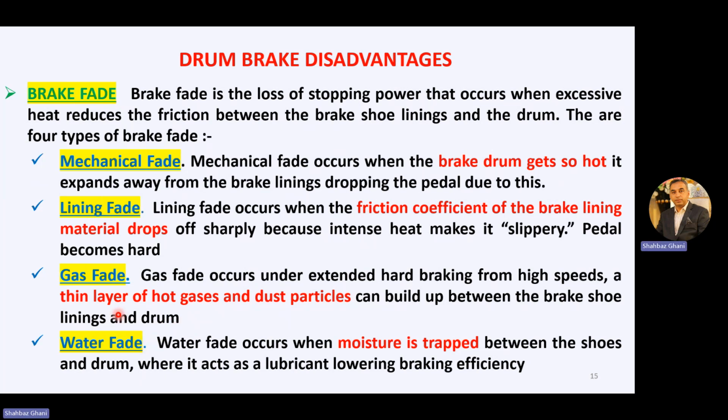Water fade. Water fade occurs when moisture is trapped between the shoes and drums, where it acts as a lubricant, lowering braking efficiency. Sometimes it is moisture, or the water is entrapped while crossing a flooded area, or water can seep in from different sides if it is not properly fitted.